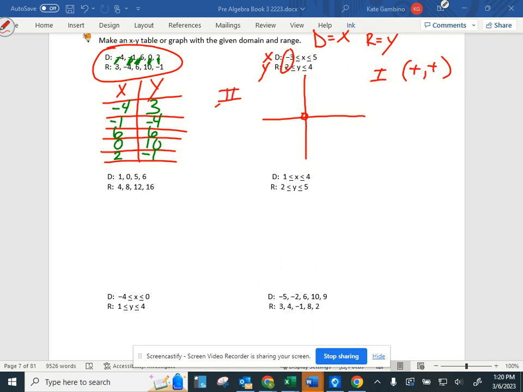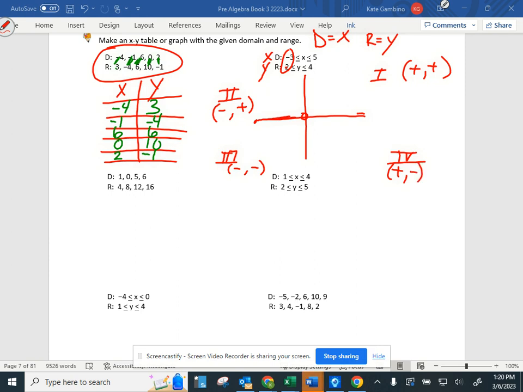My second quadrant is when my x's are negative, but my y's are still going up, so those are positive. Quadrant 3, x is negative because it's going to the left, y is going down, so our y is negative. And then quadrant 4, I have my x's going to the right, so they're positive, but my y's are going down, so they're negative.